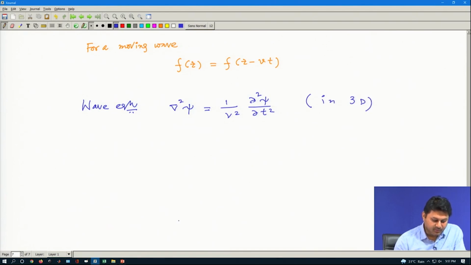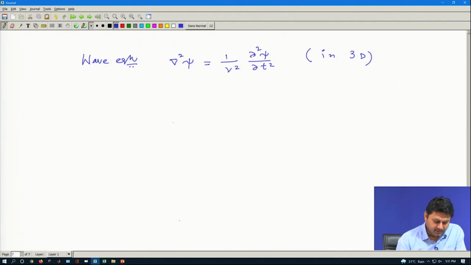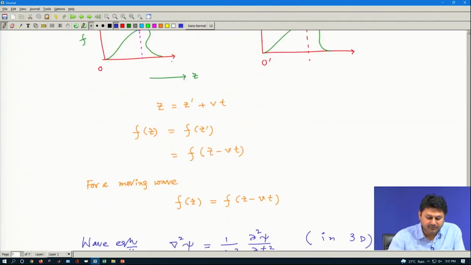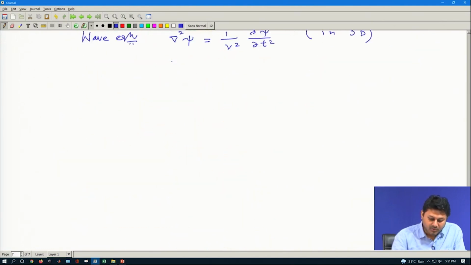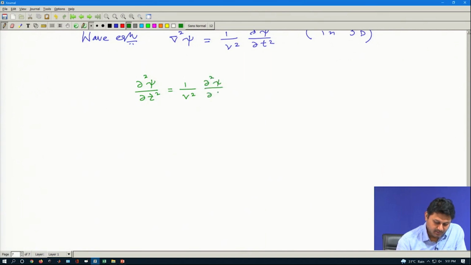In 1D, the wave equation simplifies. For example, this is the 1D problem, the figure I just mentioned. In a one dimensional problem, we can simply have the expression d2 psi dz square equal to 1 divided by v square times d2 psi dt square. This is in 1D.